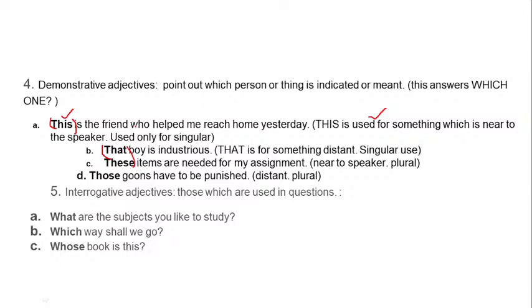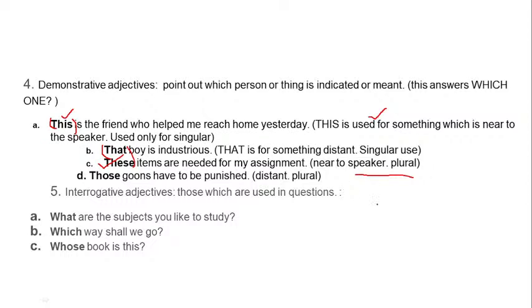But if we have to use something plurally, suppose there are more than one person or thing, the noun is more than one, it automatically changes to these. So again, that is near to the speaker, but the use is plural.